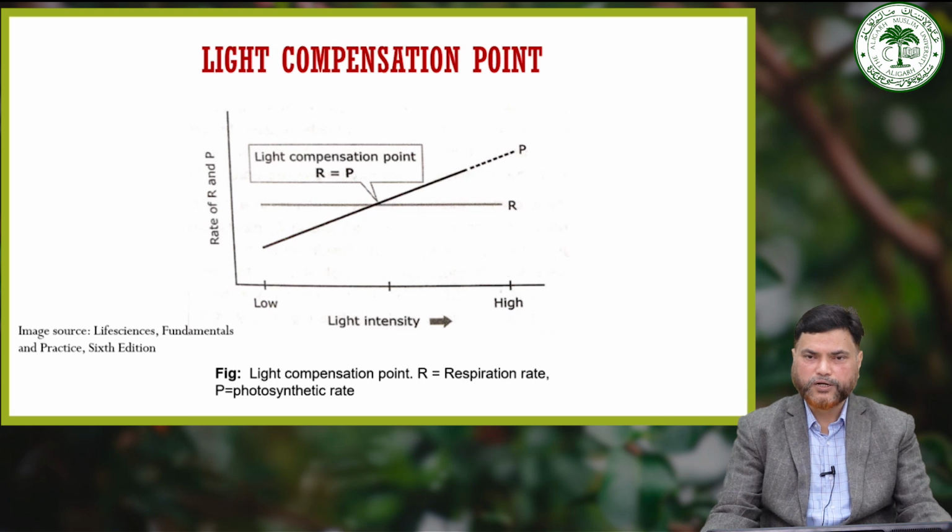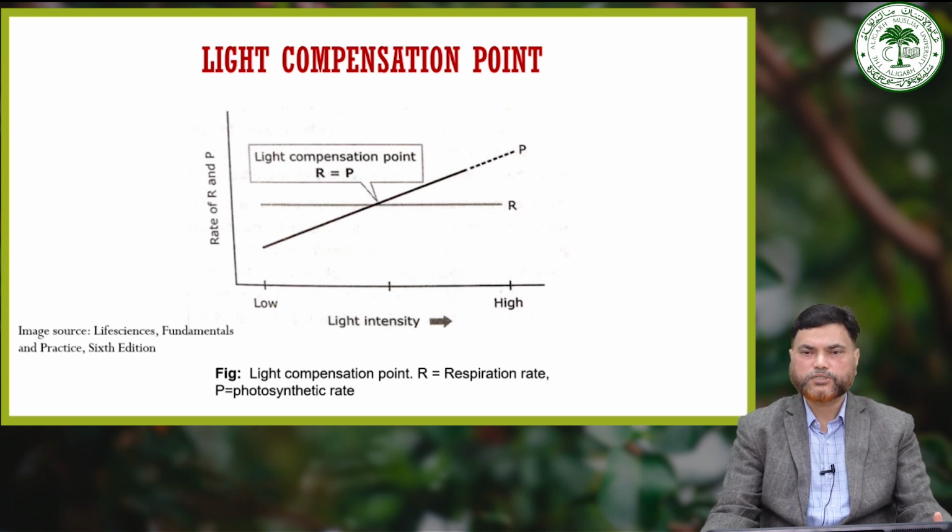So this is the point which is known as light compensation point, where basically carbon dioxide uptake by photosynthesis equals carbon dioxide released by the process of respiration. So no net carbon dioxide fixation occurs at this compensation point. So the light compensation point varies with the plant species and the various developmental conditions.